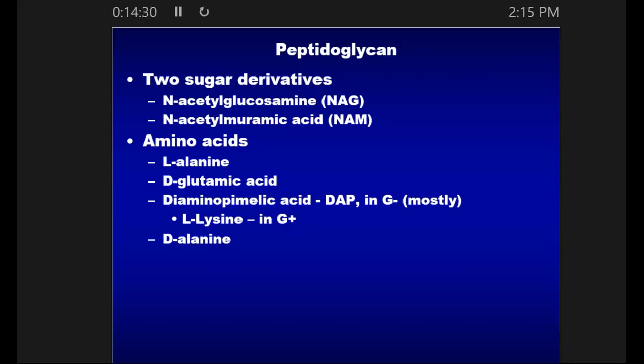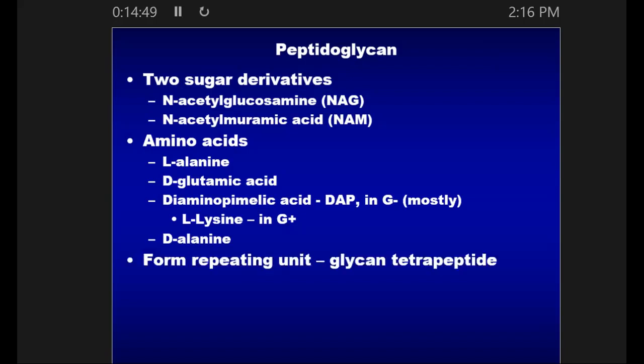So you see there's 4 amino acids, and they will be bonded together. I'll show you the overall configuration. So L-alanine, D-glutamic acid, DAP or lysine, and then D-alanine. So these sugar derivatives and these amino acids, they often say, oh, they form a glycan tetrapeptide. Tetrapeptide is referring to the idea that there's 4 amino acids.